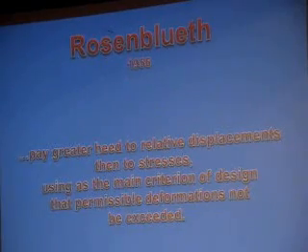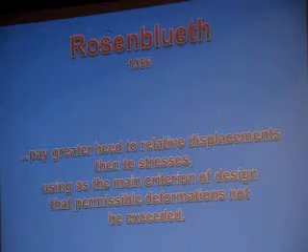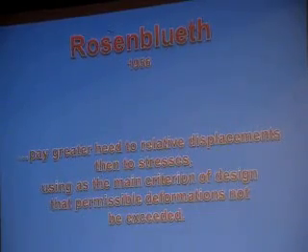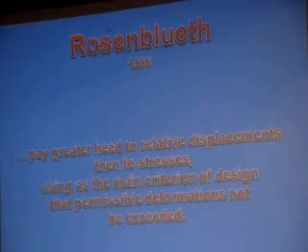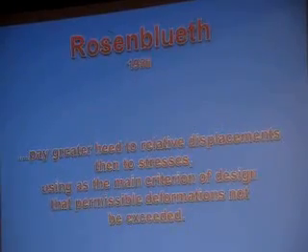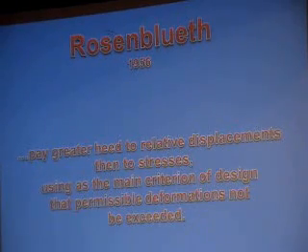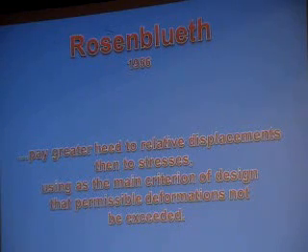So don't worry about the forces, worry about drift. And using as the main criterion of design that permissible drift not be exceeded. He knew, he said in 1956 that we should proportion a building for drift, for story drift. How long did it take us to discover that?